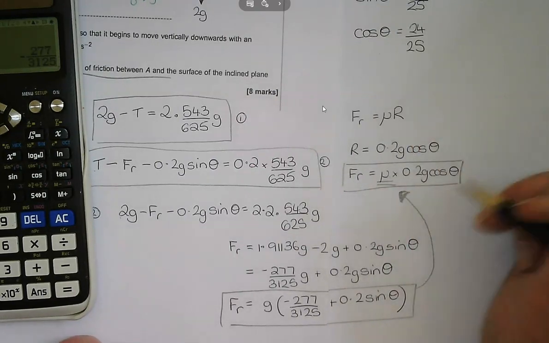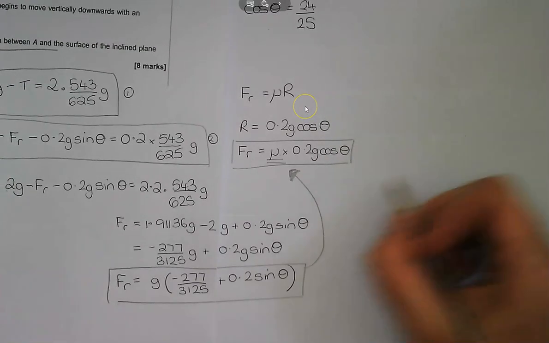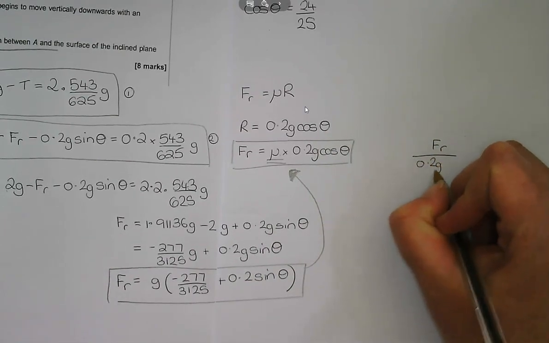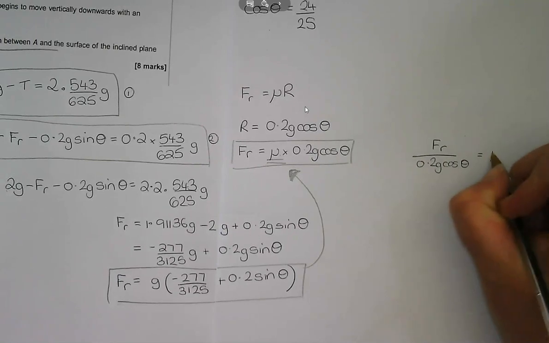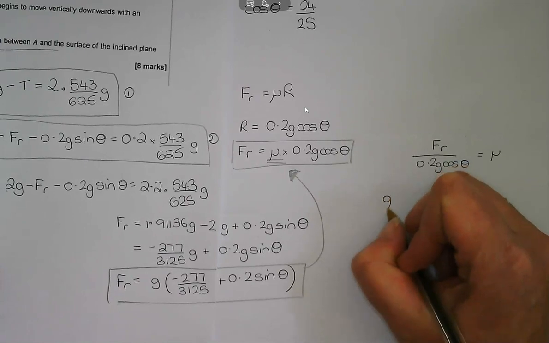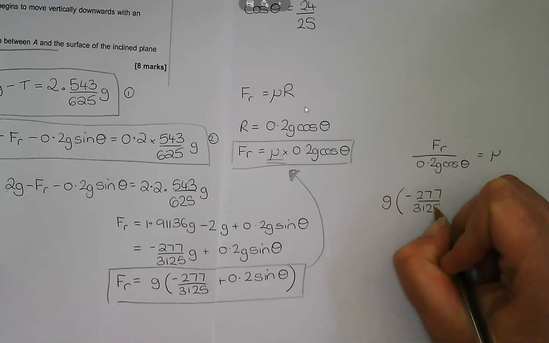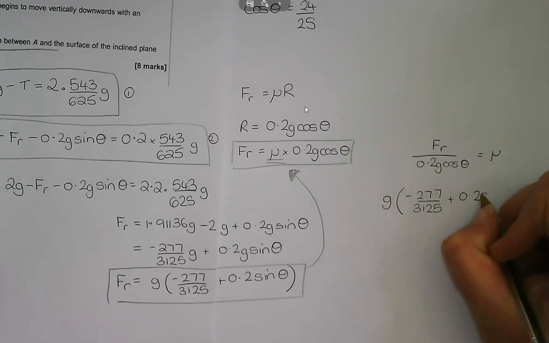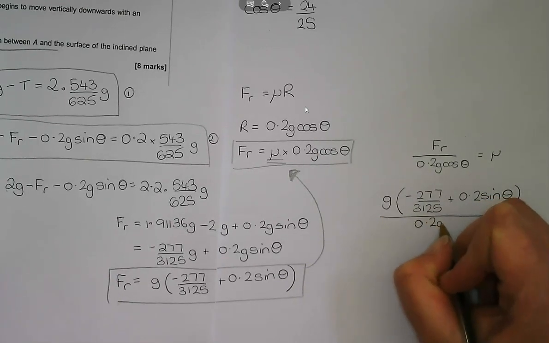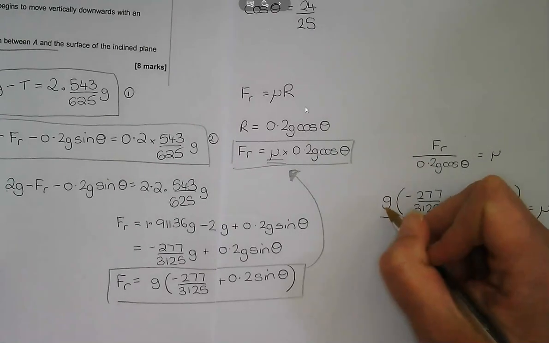And I want to get mu on its own, so I'm going to rearrange this equation, so I've got my friction over 0.2g cos theta is equal to mu. So I've got g times plus 0.2 sine theta all over 0.2g cos theta equals mu. So the g's cancel out.